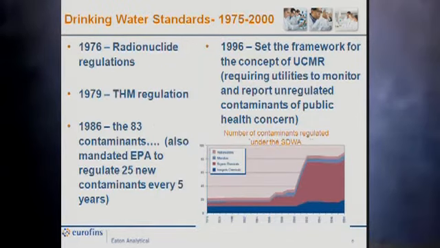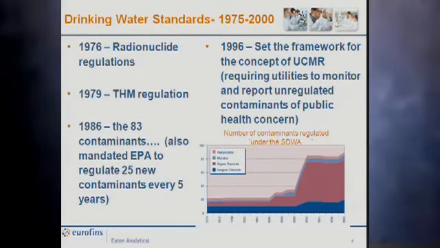So over the next 25 years, 1975 to 2000, we saw a gradual increase in the number of contaminants, with 1986 a huge increase. In 1976, EPA added initial radionuclide regulations.